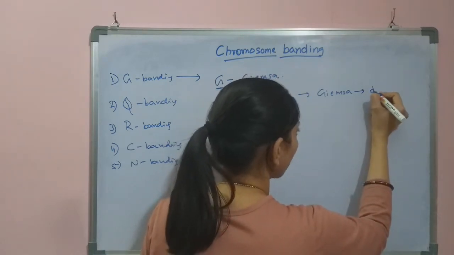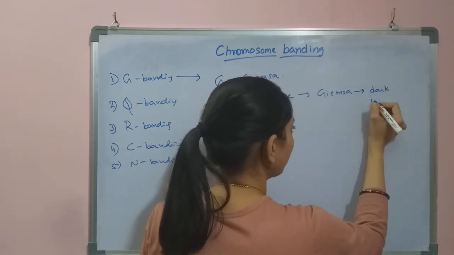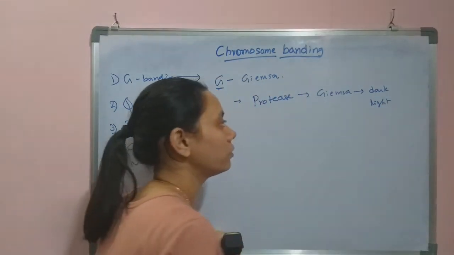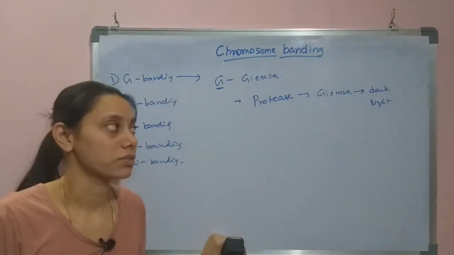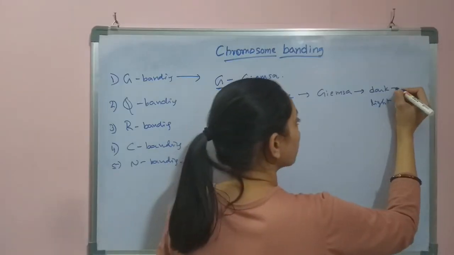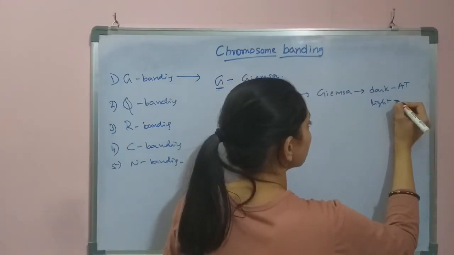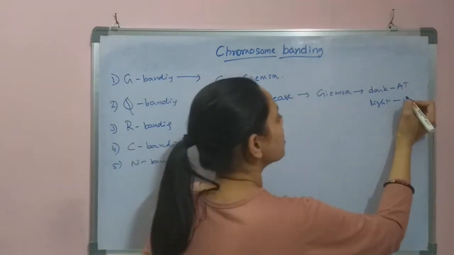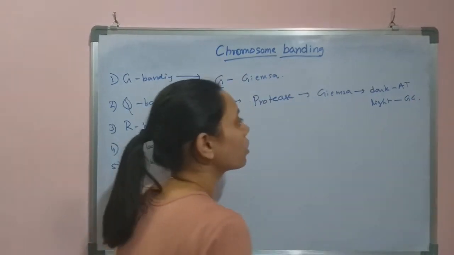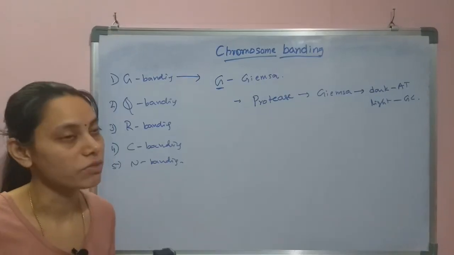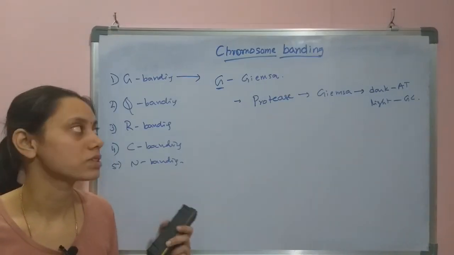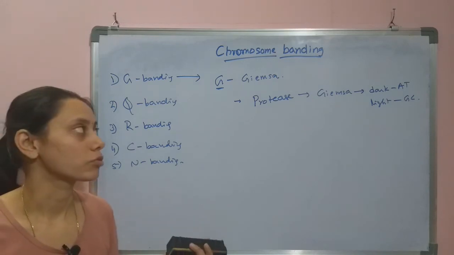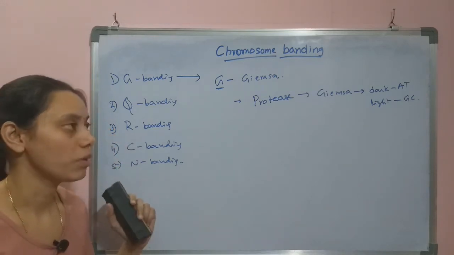Dark and light bands will appear. The dark bands indicate the AT rich regions, and the light bands indicate the GC rich regions of the chromosome. Likewise, Giemsa produces the banding pattern on the chromosome. That is what G banding is.